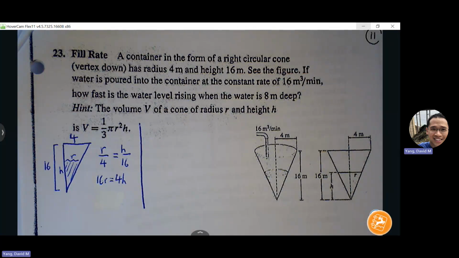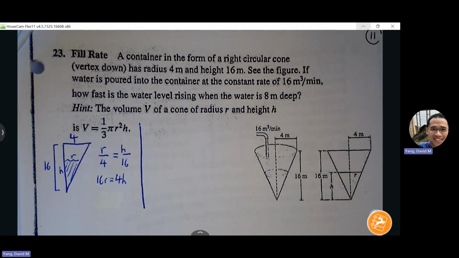Okay, you solve for H first, right? You're trying to find the height, or you're trying to find dh over dt. So you solve for H by making a proportion, like the last one, or you do something different. Well, I got H equals 4.